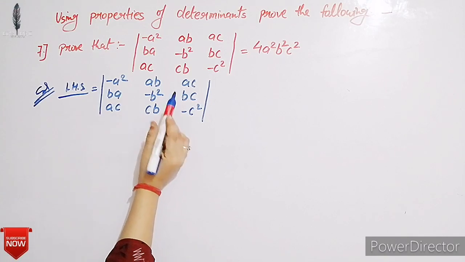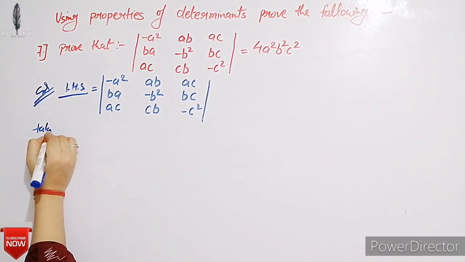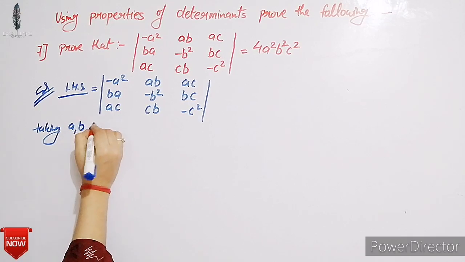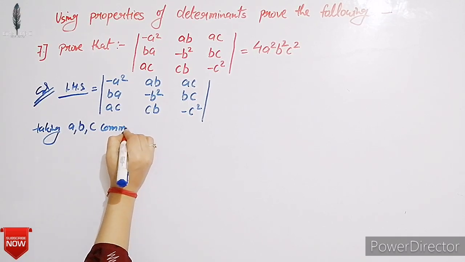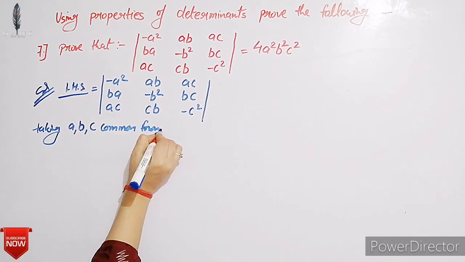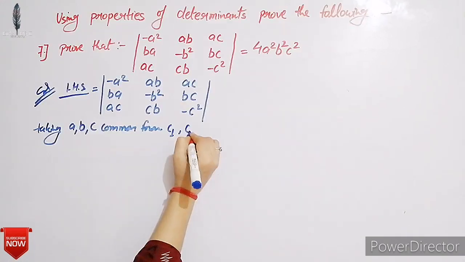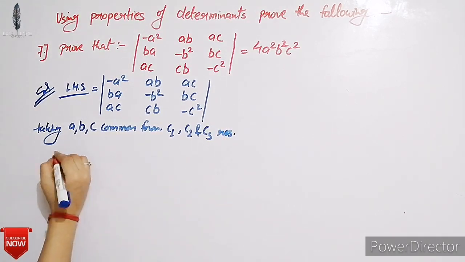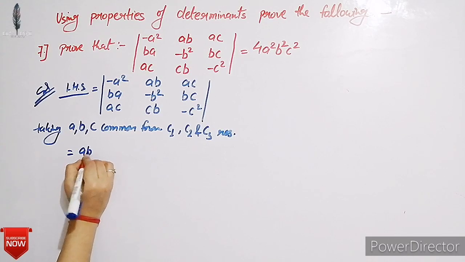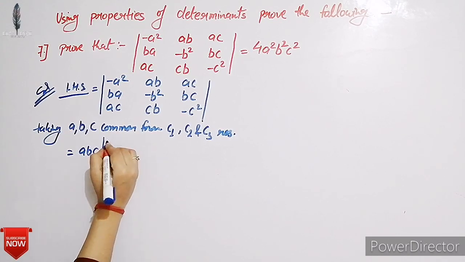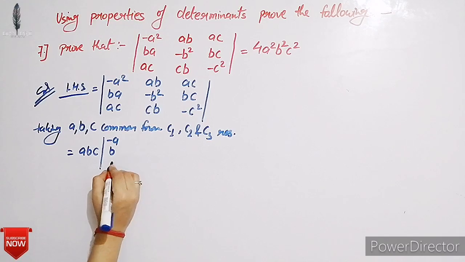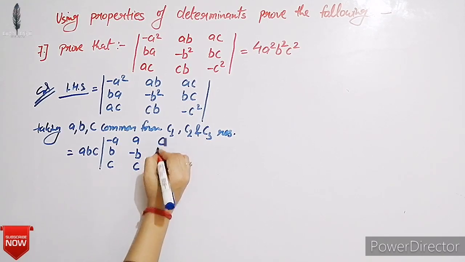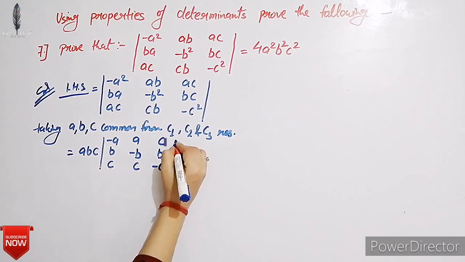First we have to take out ABC common from C1, C2 and C3 respectively. Then we have it equals to ABC, and here minus A, B, C, A, minus B, C, A, B, minus C.